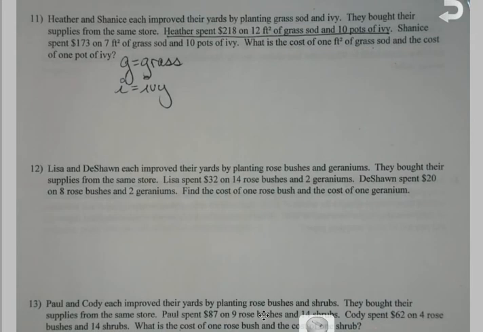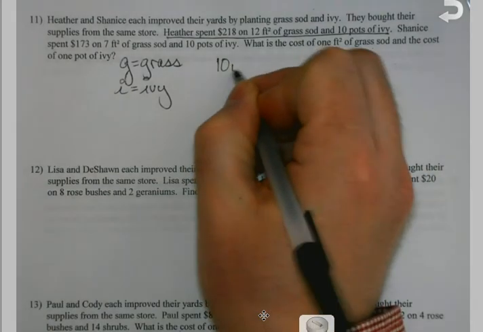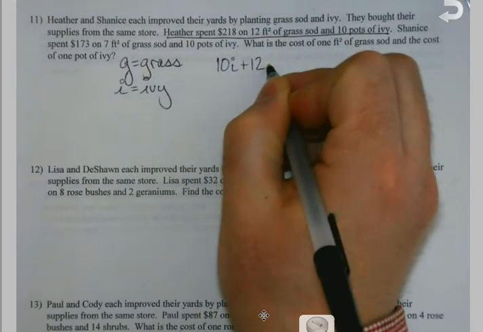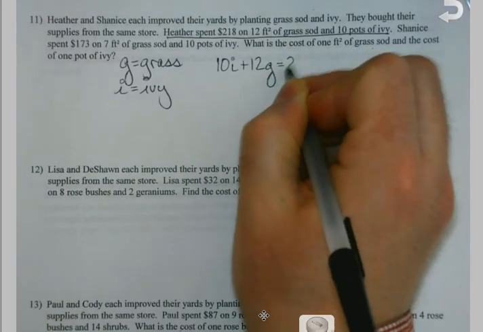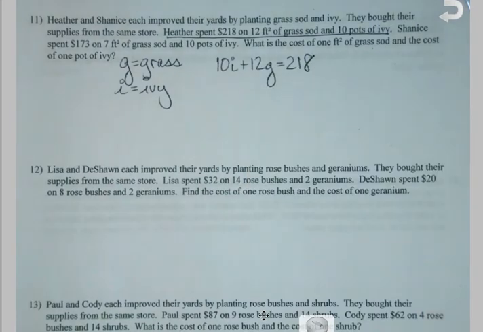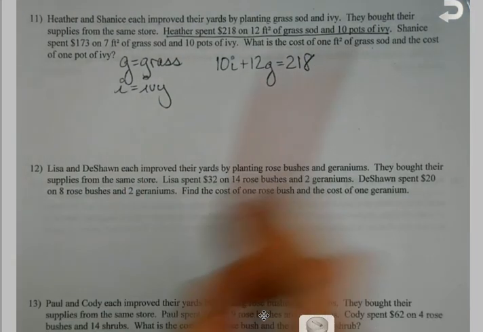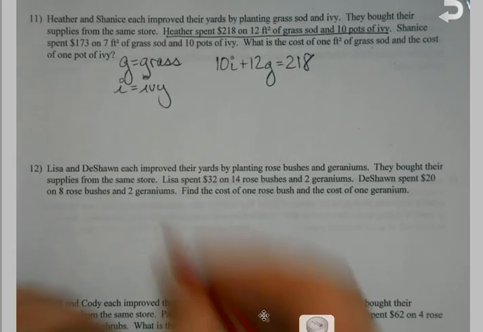What's my first equation going to look like? 10I plus 12G equals 218. All right. I just take what they got. I use my variables when I see the words that go with them. I get that set up.